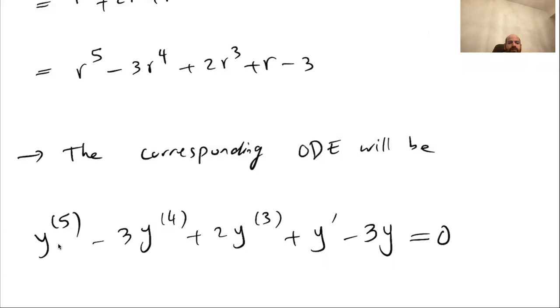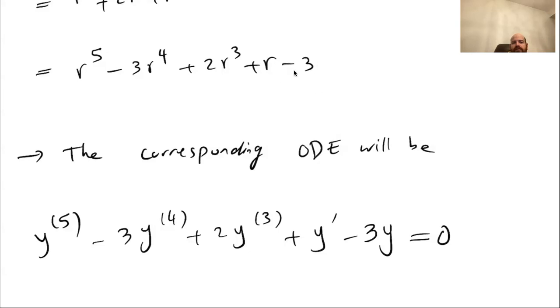R to power 5 is replaced with y fifth derivative, r to power 4 with y fourth derivative, r to power 1 with y first derivative. I use the same coefficients, 1, minus 3, 2, 1.